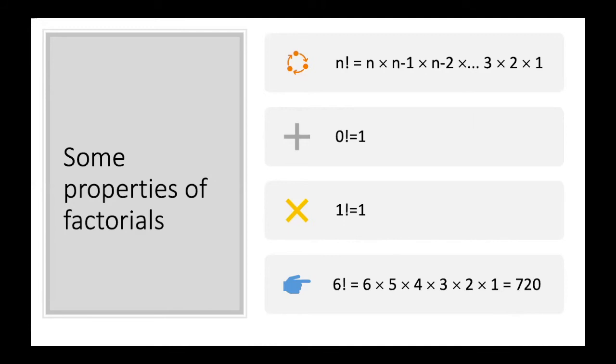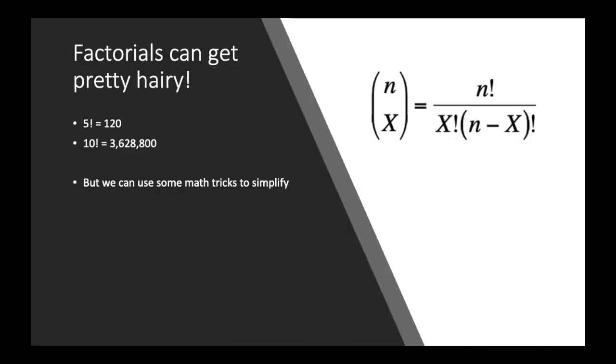There are some rules to remember with respect to factorials, and that is, first of all, that 0 factorial is equal to 1, and 1 factorial is equal to 1. Now, factorials can get out of hand pretty quickly. If you do the math, you can figure out that 5 factorial is equal to 120, but 10 factorial is equal to 3,628,800.